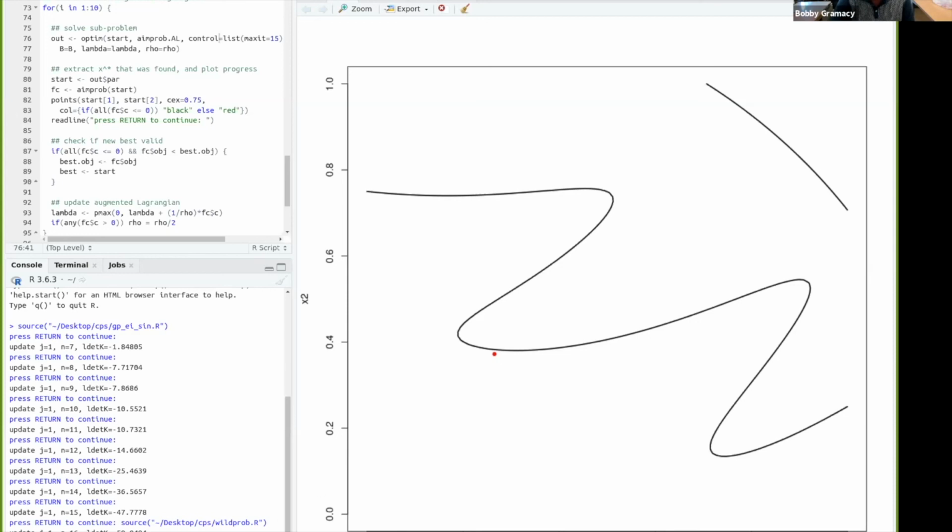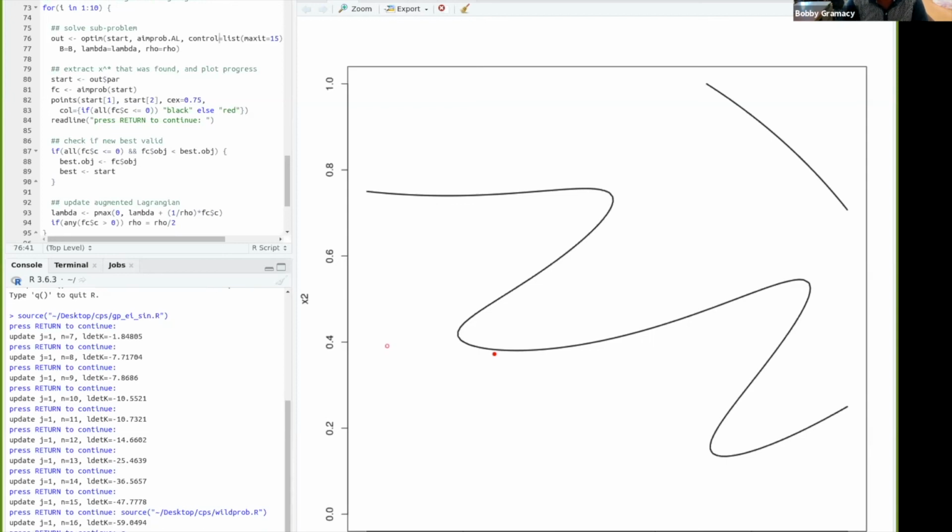And then I'm going to step through the iterations of the algorithm. First, it's going to optimize with whatever the initial setting of the parameters is, and then it's going to update. So I do it one time. It did the optimization, and that's where it took us. And it updates the parameters here.